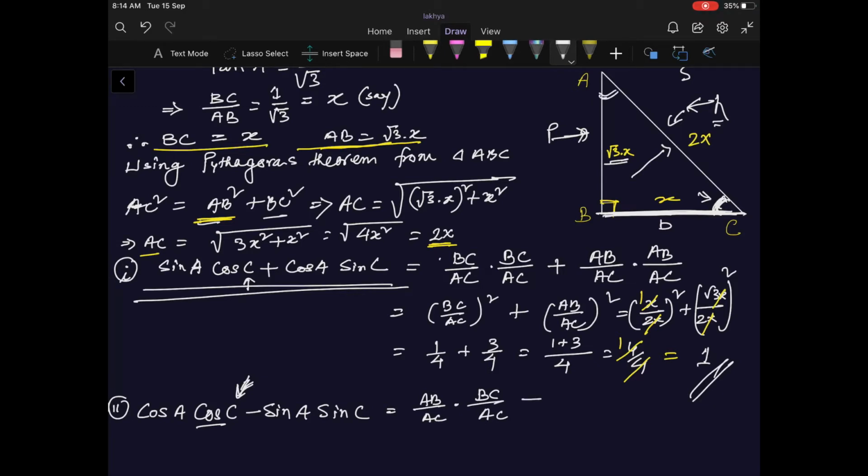So sine of angle A. When we take angle A, then perpendicular should be BC, and base must be AB.